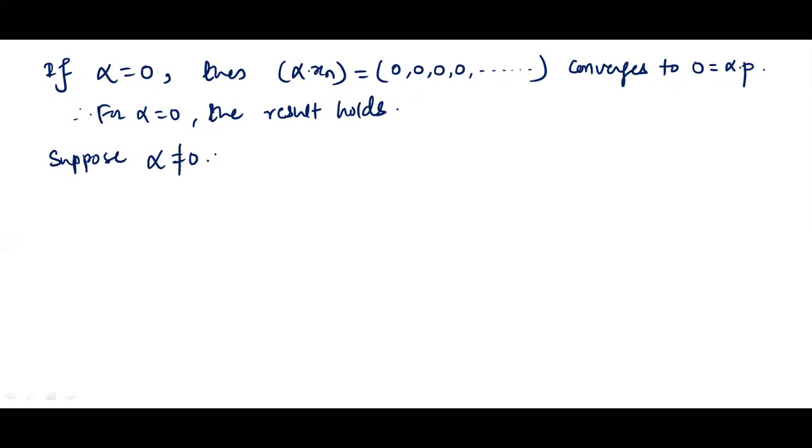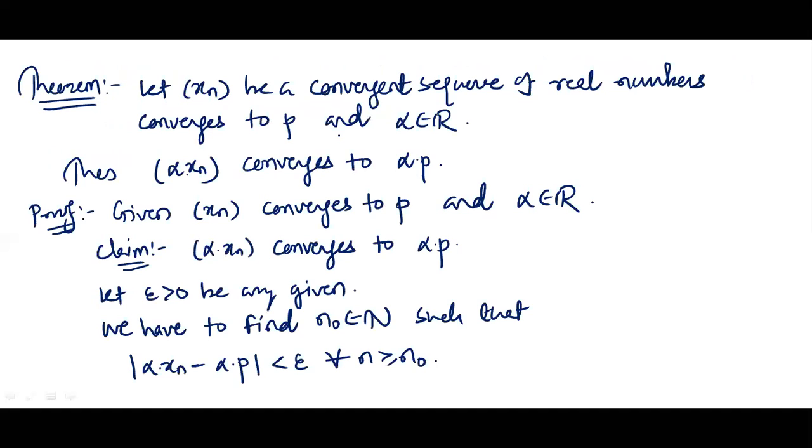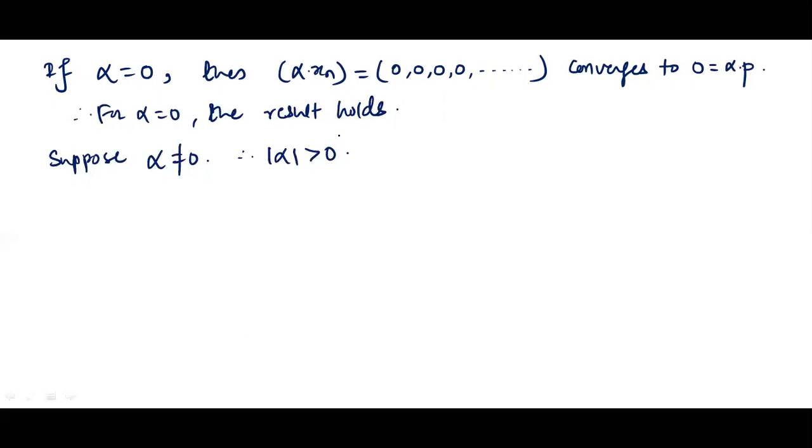Okay. Now, suppose alpha is non-zero, then mod of alpha is greater than 0. Okay. So consider mod of alpha into xn minus alpha into p.